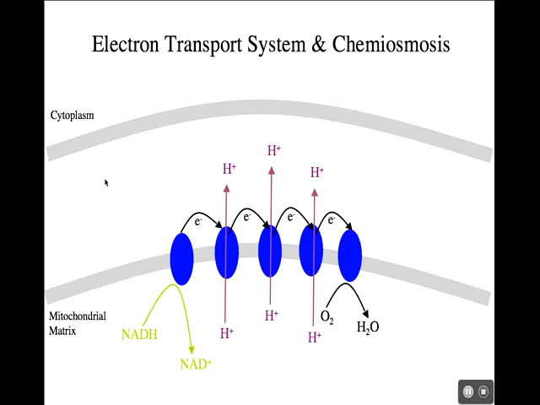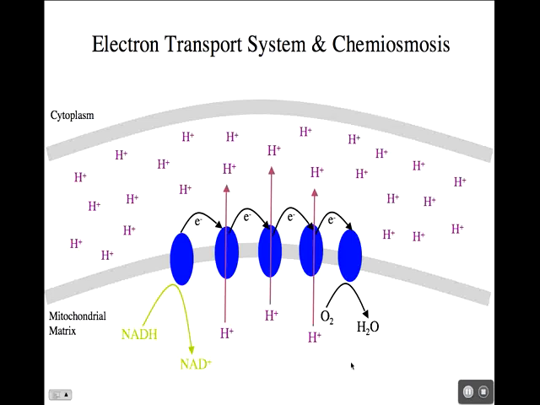Eventually, as more and more electrons move, more and more NADH delivers electrons, you get a huge concentration difference of protons across the inner membrane, where you're going to have a whole bunch of hydrogen ions here and almost none on this side, right? And that happens because the electrons are moving and those protons are getting pumped.